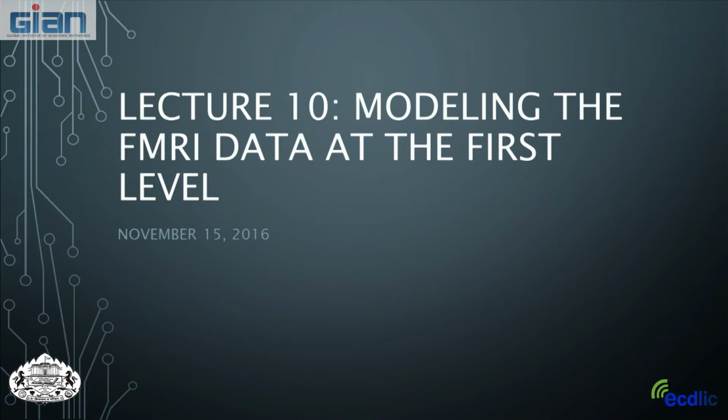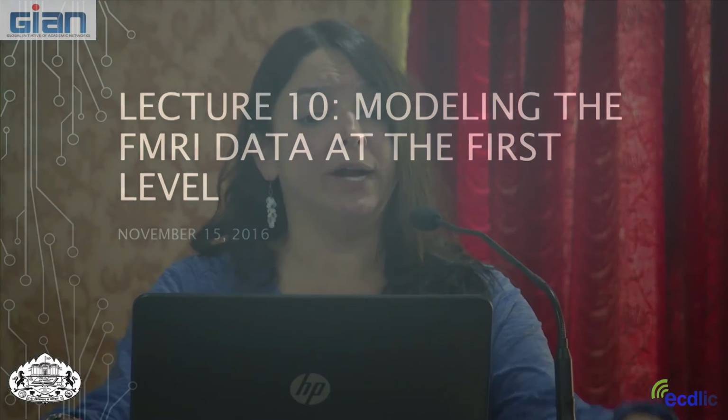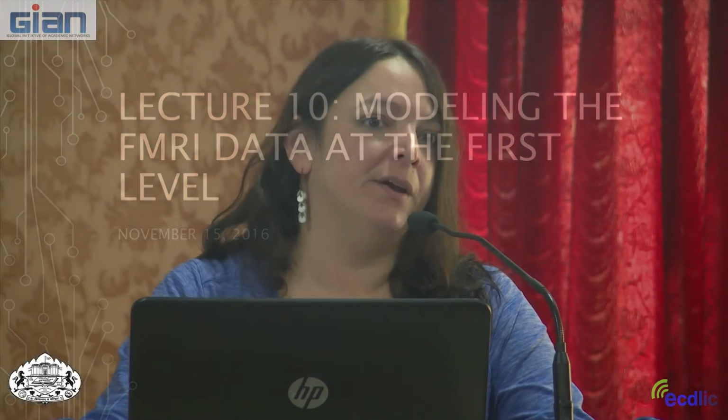Okay, so we're going to go on to talk about modeling the fMRI data at the first level. There are two distinctions in modeling fMRI data. The first is first level analysis. First level analysis is when you take an individual's data and do the statistical comparisons and modeling to find where, for that specific person, their activation was.